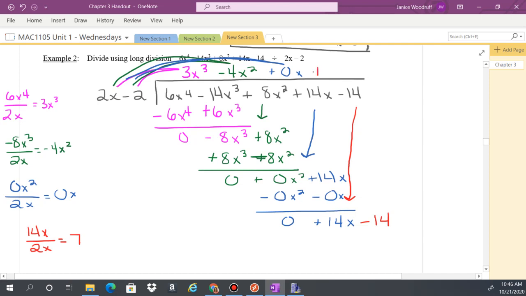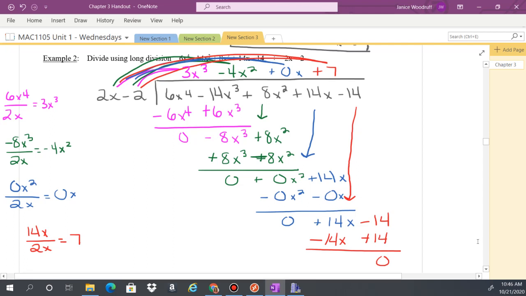So put plus 7 up top, and then distribute. 7 times 2x gives me 14x. 7 times negative 2, negative 14. Change your signs. And I love it when this happens. Everything cancels, remainder of 0.